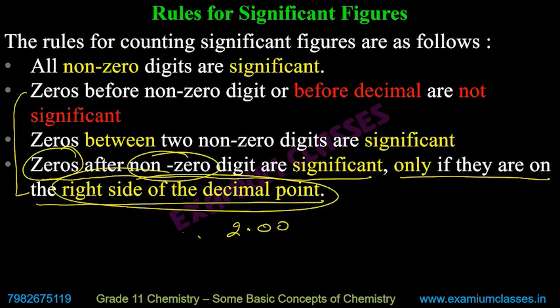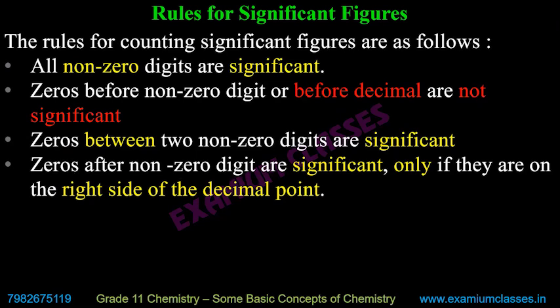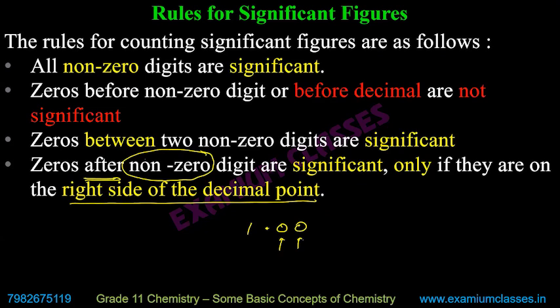I'm just highlighting two things. We are talking about zeros. These should be after a non-zero digit. So suppose I say 0.00, the condition is not met, because it is written zeros after non-zero, meaning I should have some non-zero digit here, and then after that, on the right side of the decimal point, these will become significant.